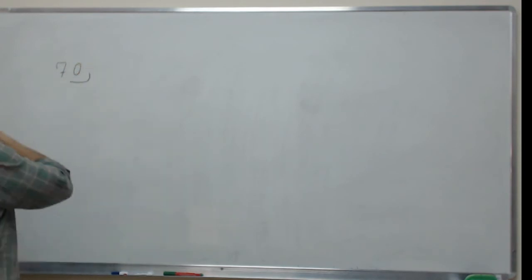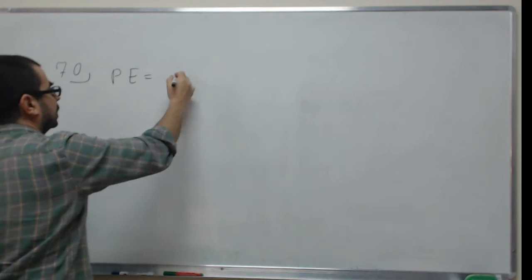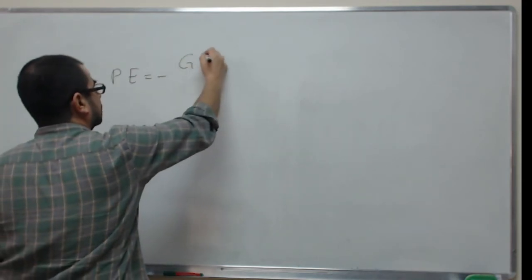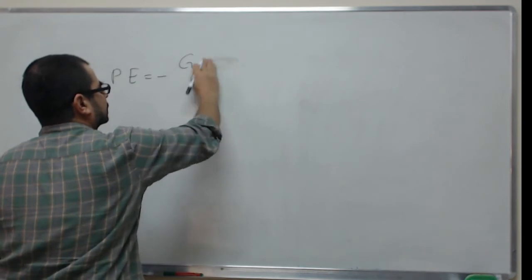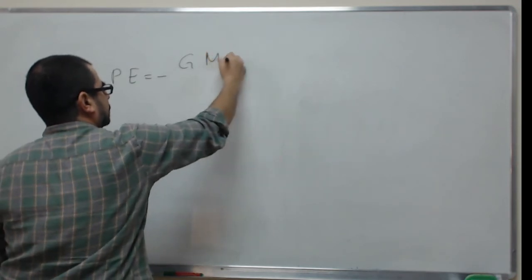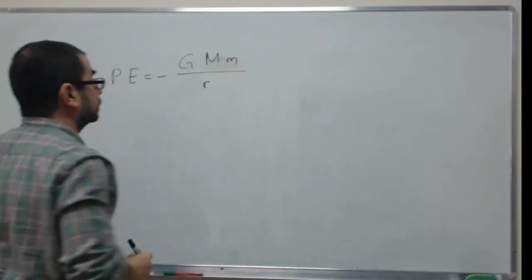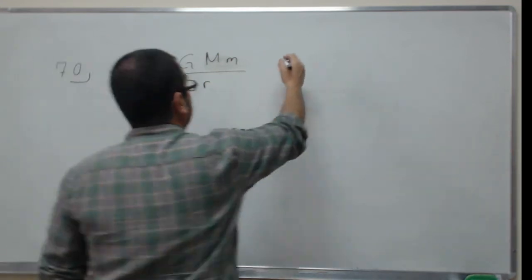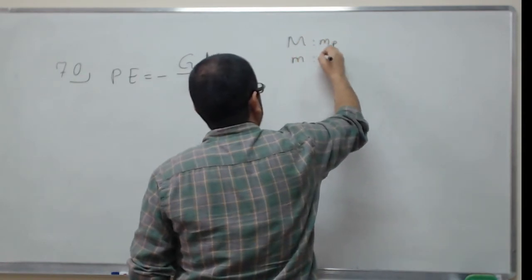Okay. So here for the potential energy, I'm going to have the expression minus G m proton m electron. Instead, actually, I'm going to just say capital M and small m divided by r for the potential energy. So this capital M is mass of the proton and small m is mass of the electron.